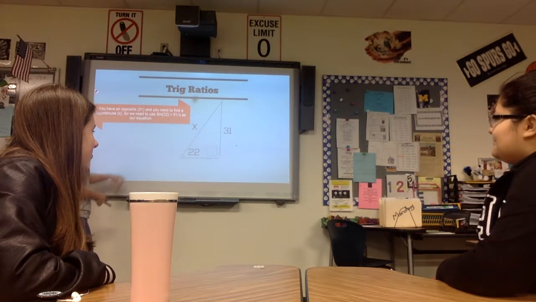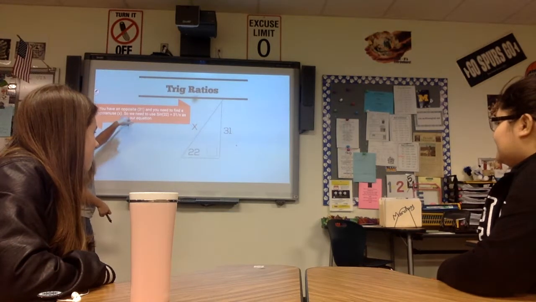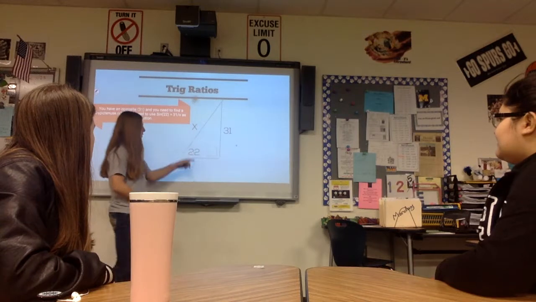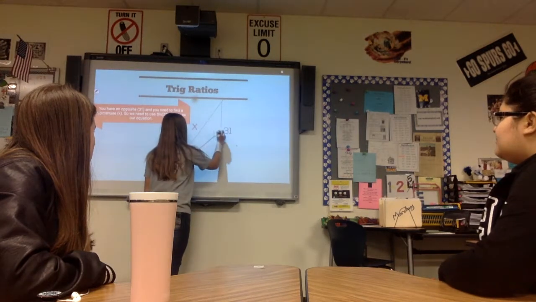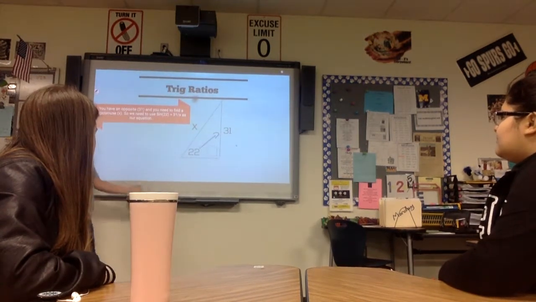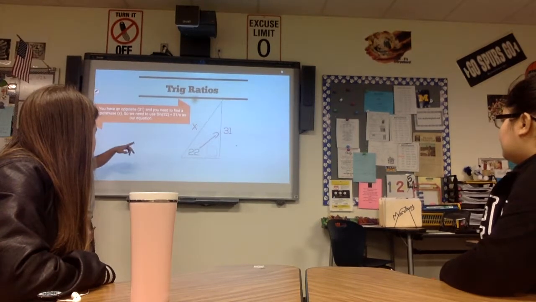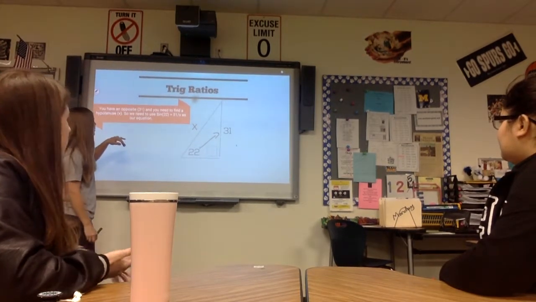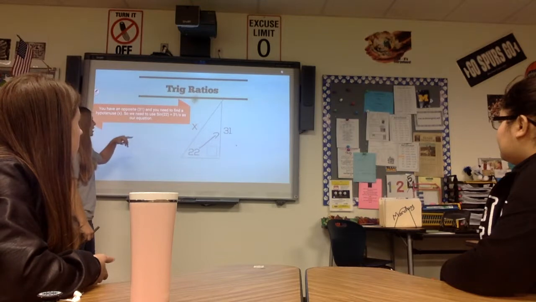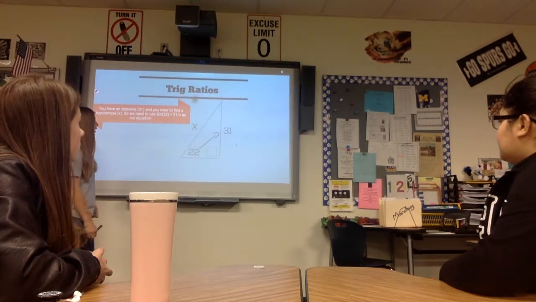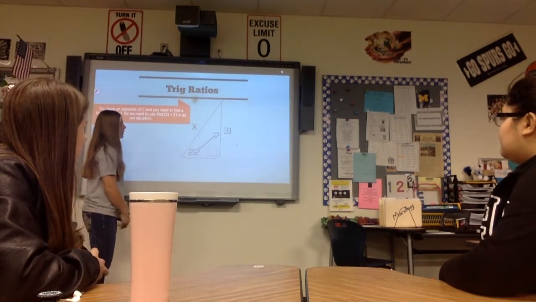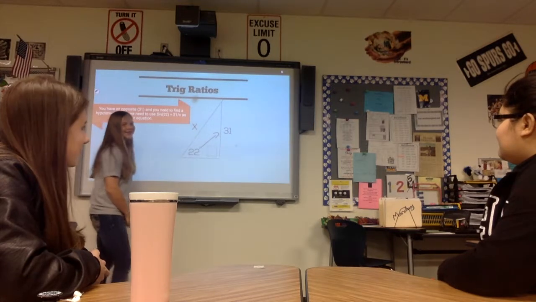So you have an opposite of 31 degrees. Now you can tell it's your opposite because it's on the opposite side of your angle. And you need to find your hypotenuse. So we use sine, which is 31 over x, as our equation.